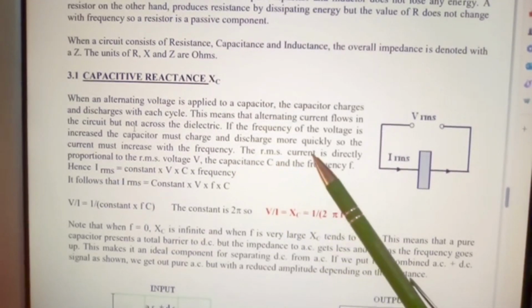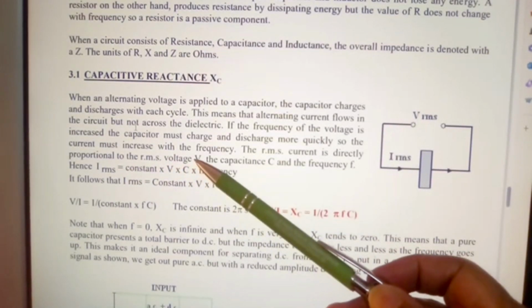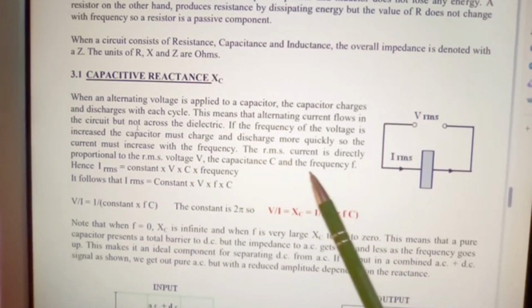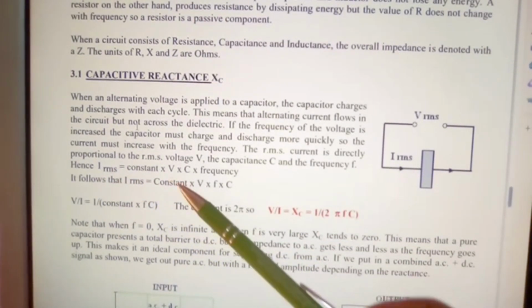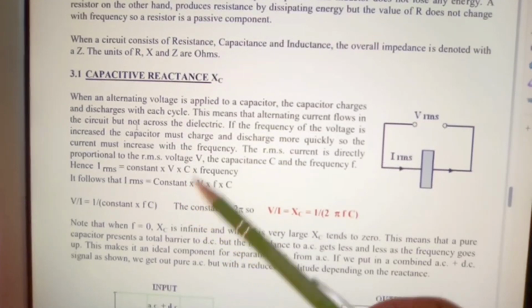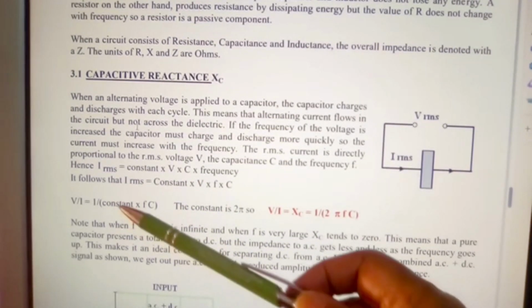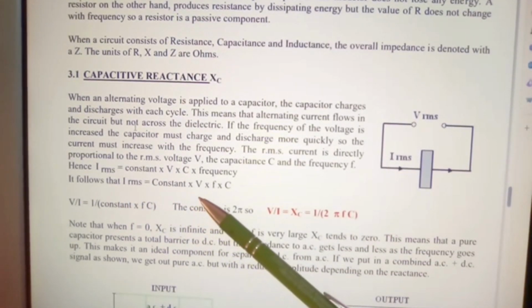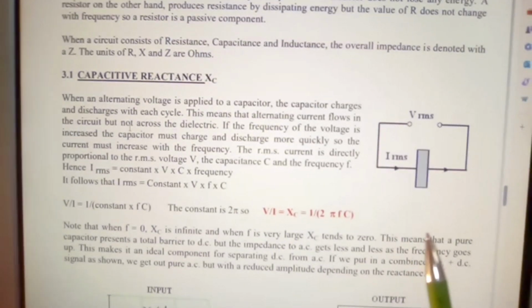The RMS current is directly proportional to the RMS voltage V, the capacitance C, and the frequency F. Hence, I RMS equals constant times V times C times the frequency. It follows that I RMS equals constant times V times F times C. Okay.